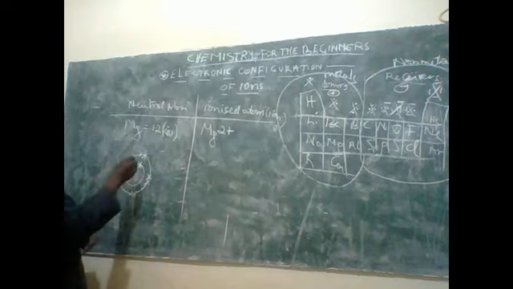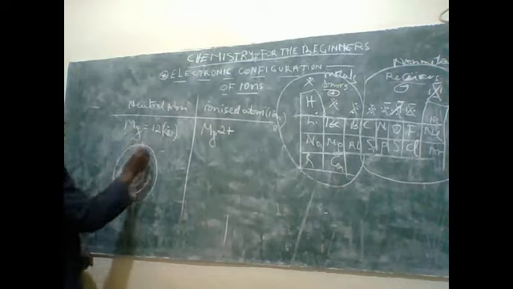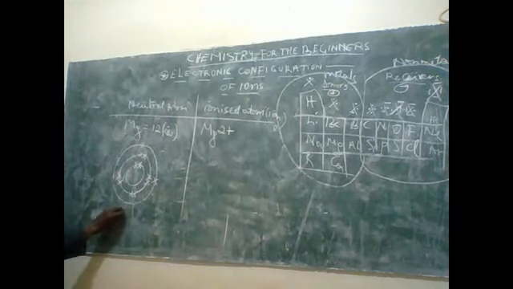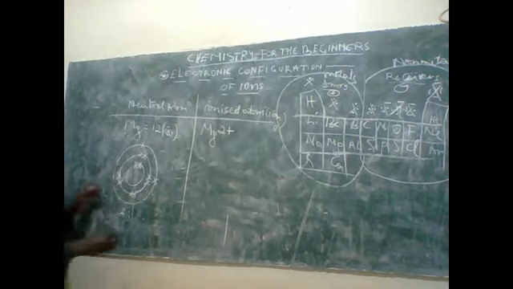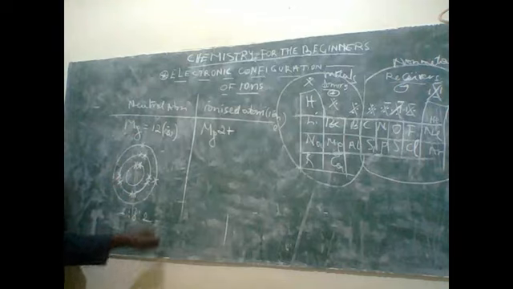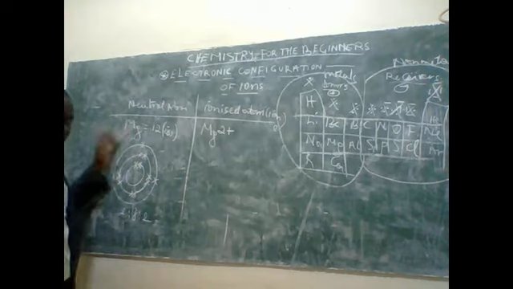This shell is also full. And here we have the remaining two. This is the 2, 8, 2. This is the electronic configuration of a neutral magnesium atom.